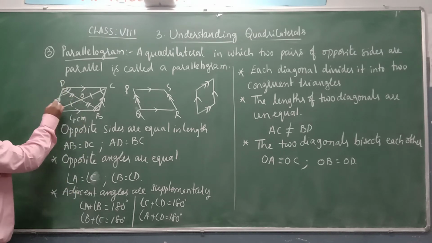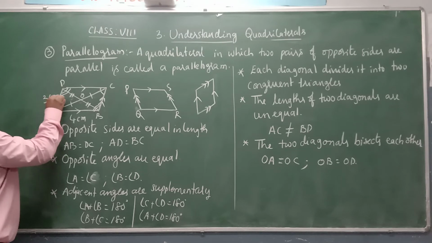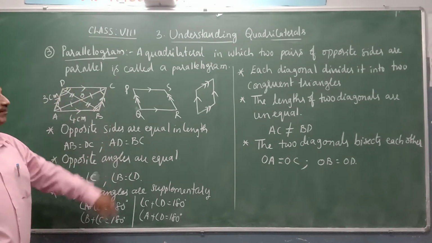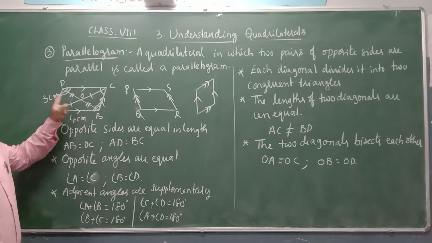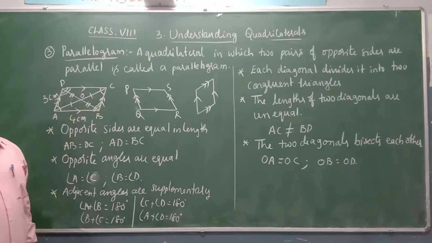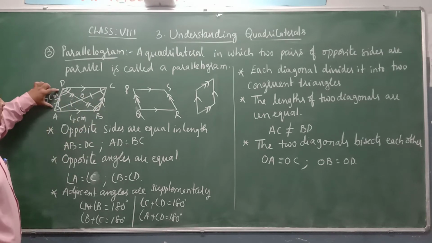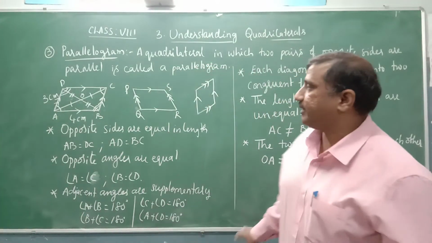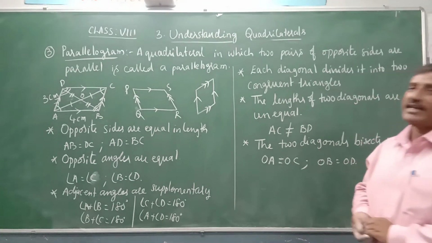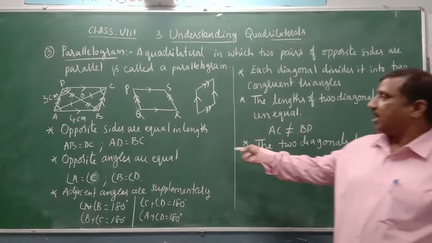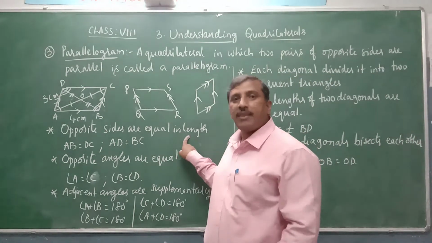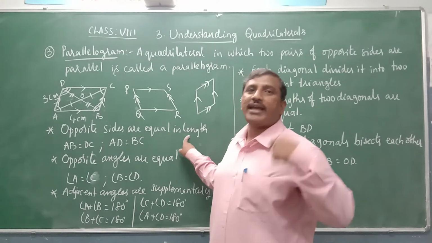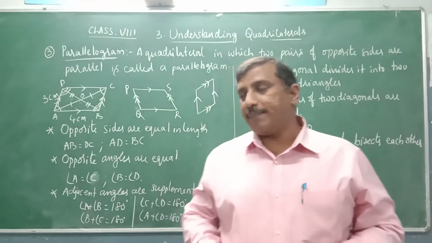Similarly, if AD is 3 centimeters, then what is the length of BC? Again, that is also 3 centimeters, because AD and BC both are opposite sides and they are equal in length. So that is the application of the first property. If we know one side, we can find its opposite side.